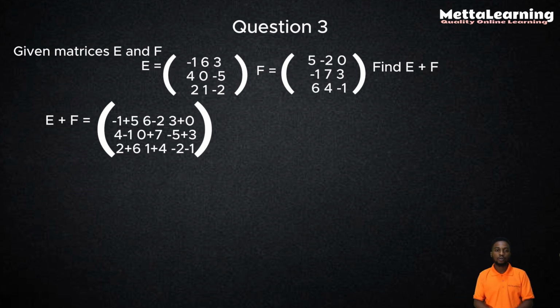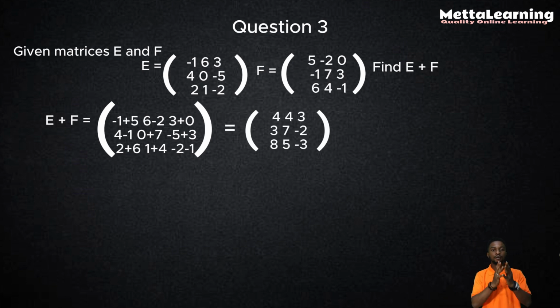So the second column, we have 6 minus 2, 0 plus 7, 1 plus 4. And we have the last column, that will be 3 plus 0, minus 5 plus 3, minus 2 minus 1, then close bracket. So when we add these following values together, calling my values in columns now, it will be 4, 3, 8, 4, 7, 5, and we have 3, minus 2, minus 3 as our final answer.